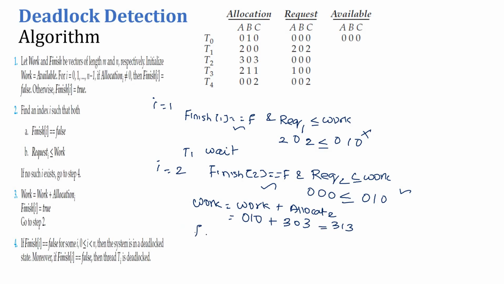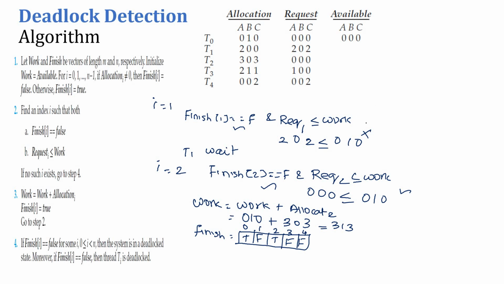And immediately we need to update the finish. So 0 is already true, 1 is false, and now 2 will become true, and 3 is false, and 4 is false.